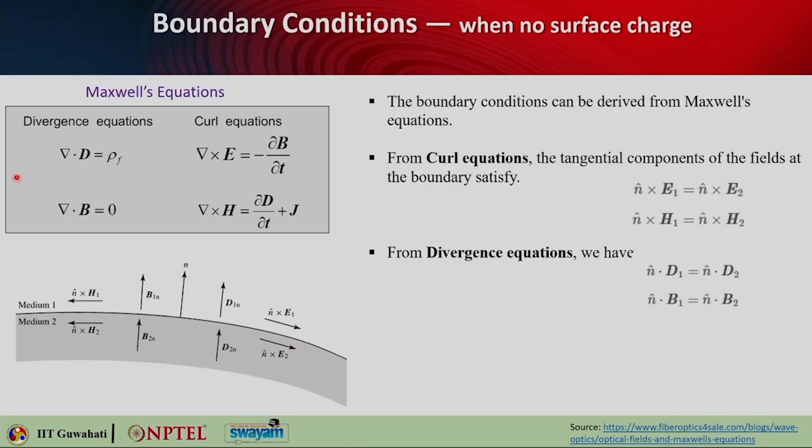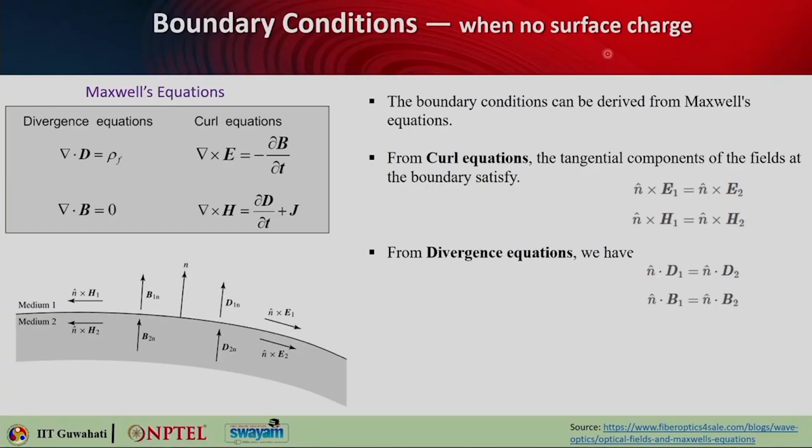And if you look into the divergence equation, one important thing is that here there is no surface charge, so it's a charge free region. The conditions will slightly modify when there is some surface charge, we will see in the subsequent slides. From the divergence equation you can write n cap dot D1 should be equal to n cap dot D2.